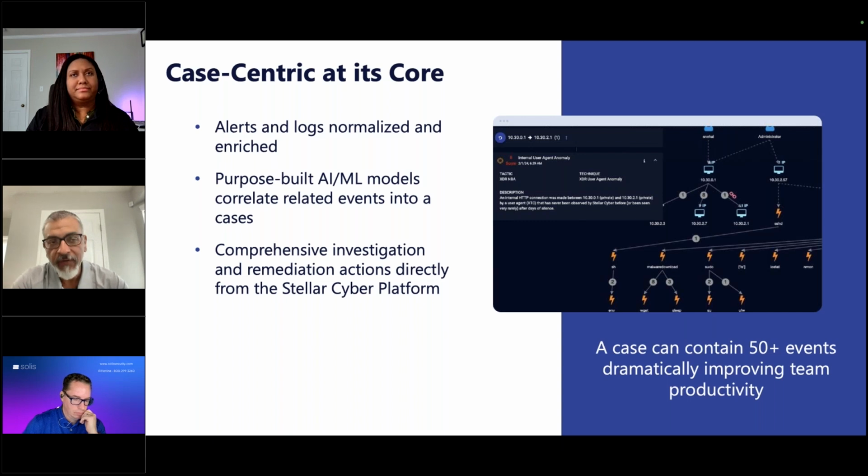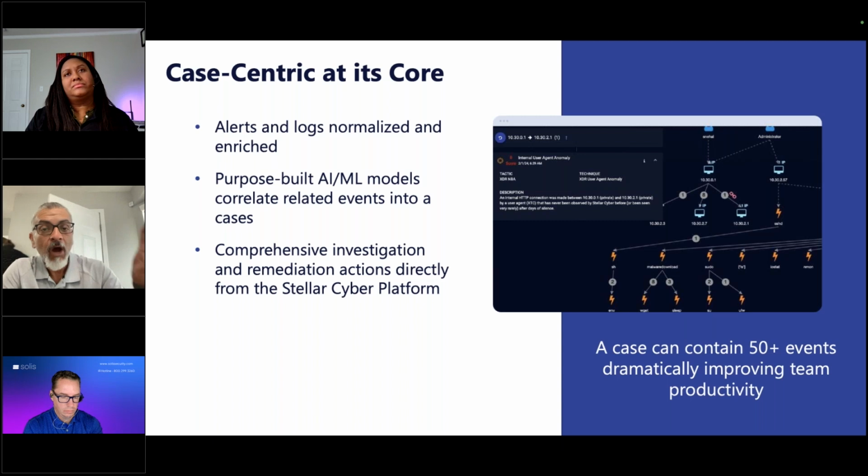So what we are delivering is what we call a case-centric approach to cybersecurity. We're using AI and ML models to, once we've identified and brought all that data in, correlate it together and create cases. These cases might include up to 50 different types of events, all in one case.